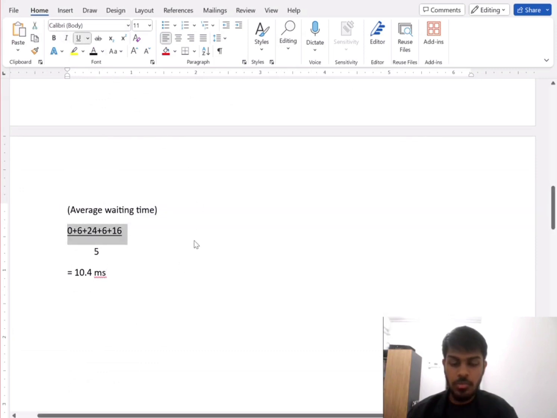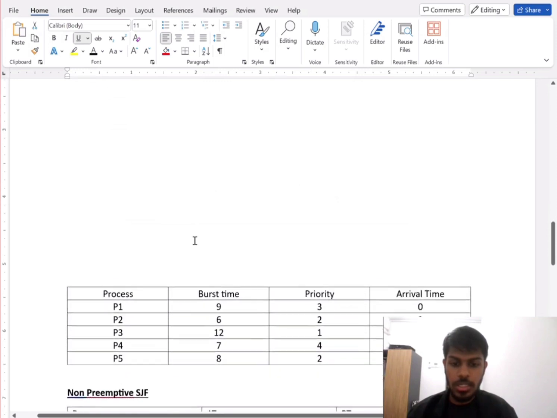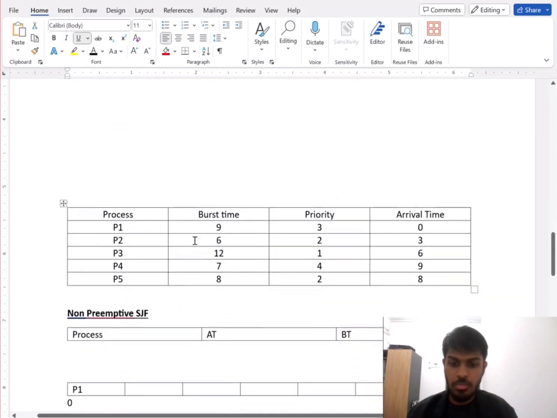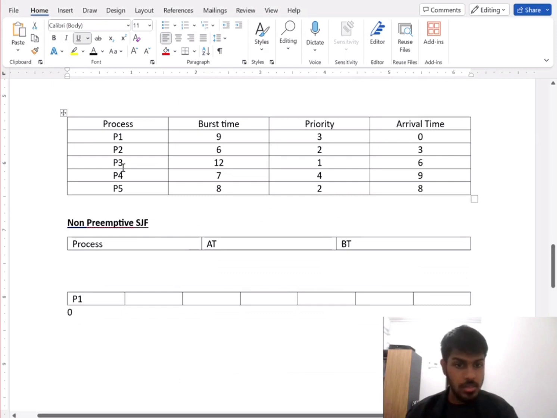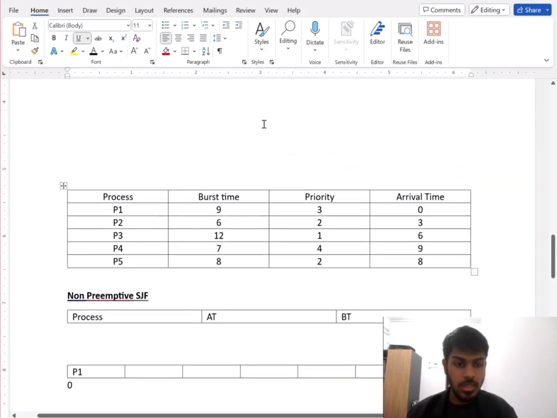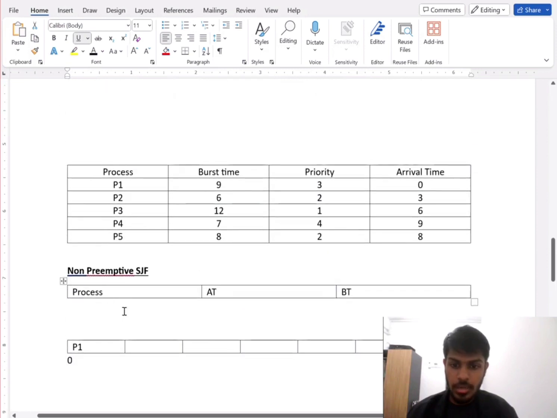And moving on to the next question, which is non-preemptive SJF. So I've copy pasted the table from just now, and moving right into the non-preemptive. Non-preemptive SJF cannot be disturbed.